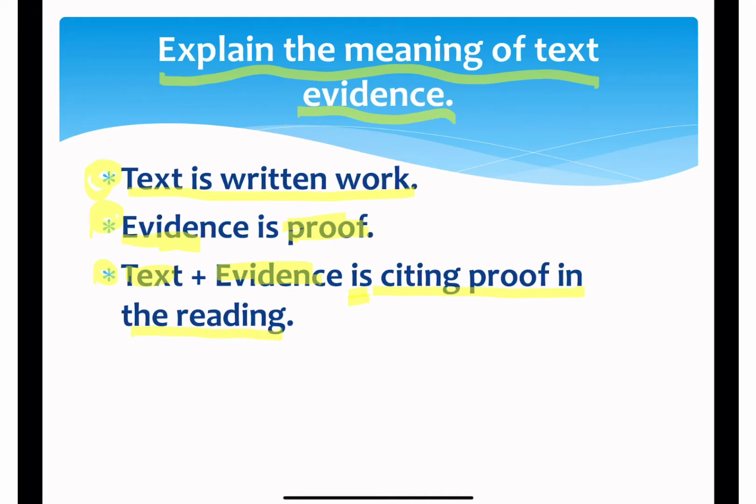So I often ask you guys, how do you know? You say, on page 10 it said that. That's you citing text evidence. You know this because you read this on page 10, you saw it there, and that's how you're citing your text evidence. I want you guys to put that on paper, where you saw your information, using the proper channels. So let's get into it.